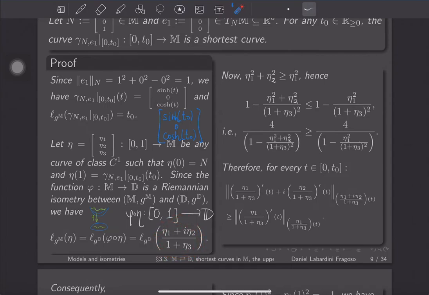Now I take its derivative as an R2-valued function of one variable. Its derivative is coordinate by coordinate: first coordinate, second coordinate. I take that derivative and I take the norm, but now the hyperbolic norm, for the inner product that I introduced for the Poincare disk, and of course based at the corresponding point.